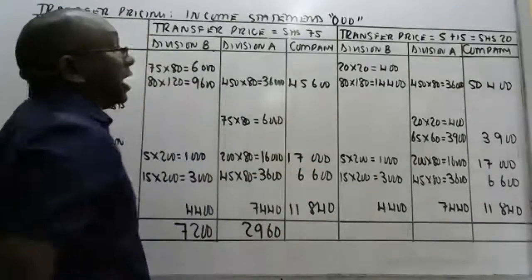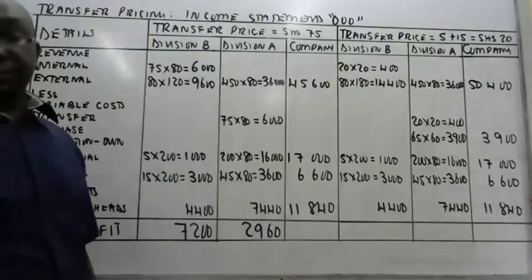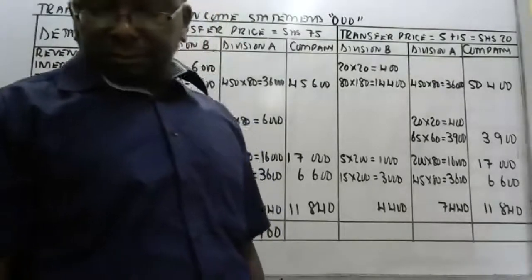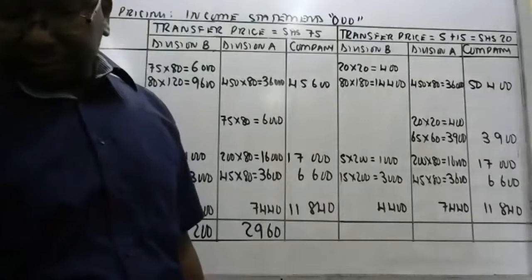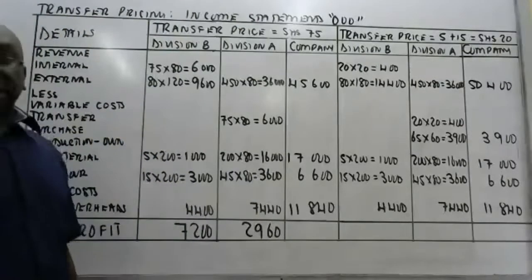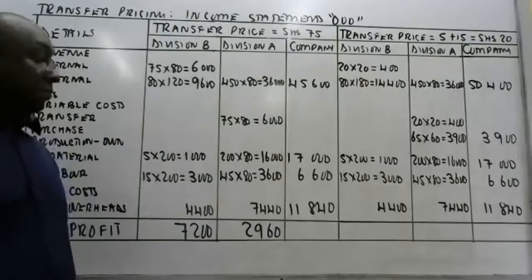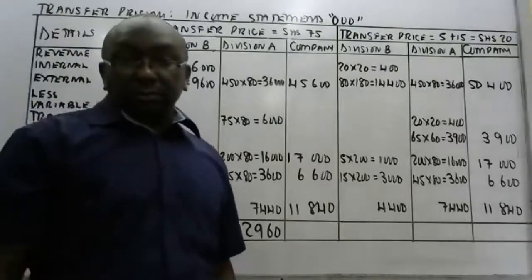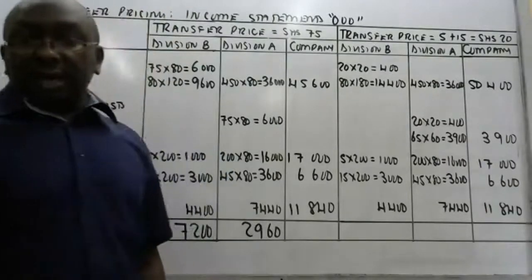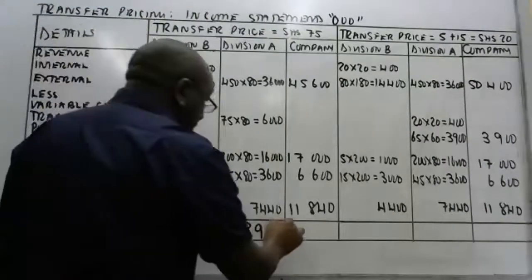Give me now for the company. Yes, the first response has come. The second one has come. The third one, 10,160.